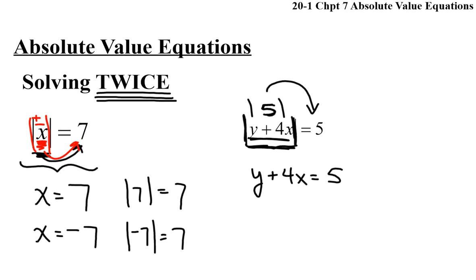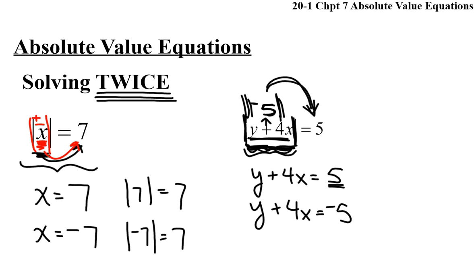Well, if I got my y plus 4x to equal a -5, what's the absolute of -5? Well, it's also 5. So I don't want this y plus 4x to only equal 5. This y plus 4x could also have a value of -5. Because if this equaled -5, the absolutes turn that -5 into a positive 5.